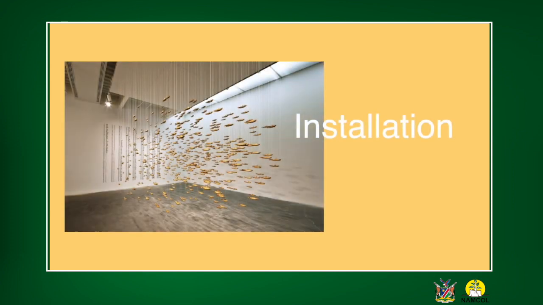Last but not least, we've got installation. Installation is new in the AS syllabus, and this includes abstract and realistic construction, made of anything you can lay your hands on, as long as the construction occupies meaningful space. These environmental art constructions by Simon Peck were created to make people aware of the impact of erosion.